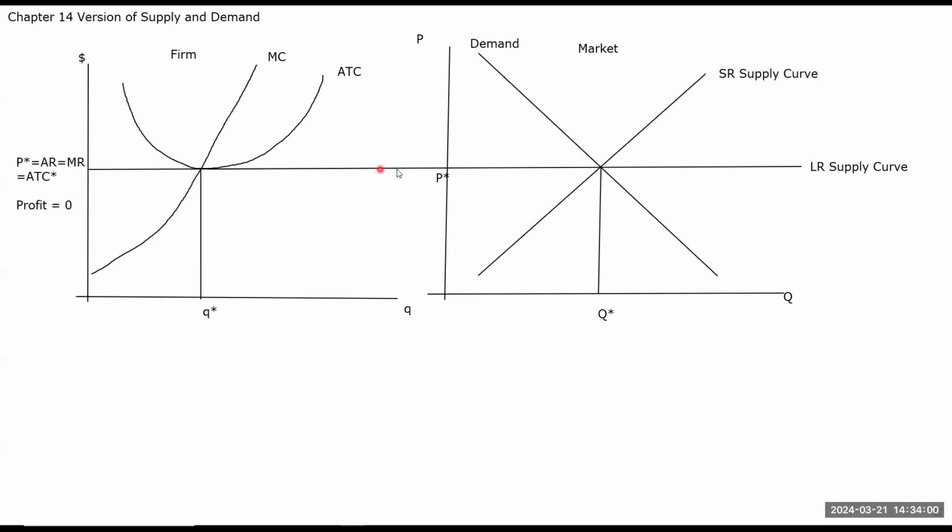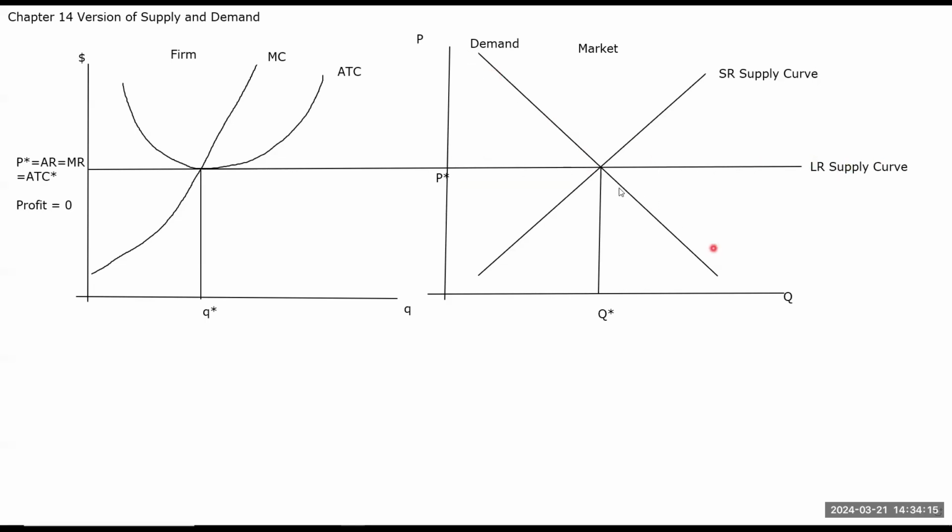And this price, we continue on to the market level, that exact same price, whatever it is, $10 a slice of pizza, is the long run supply curve.